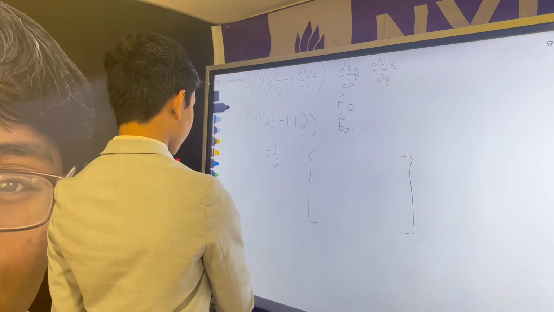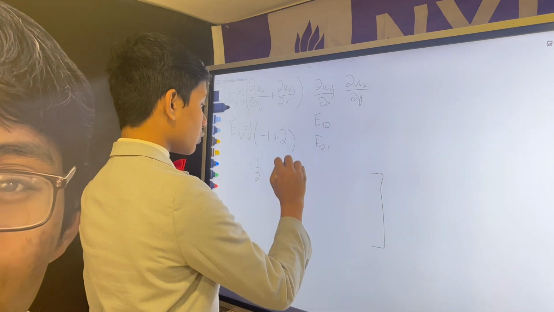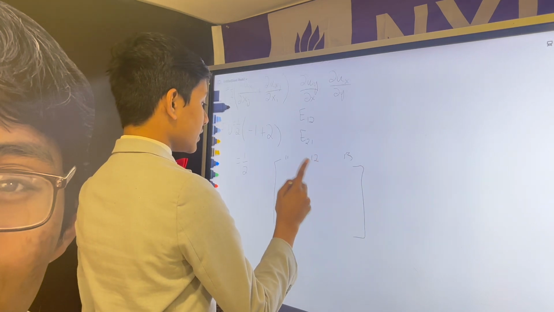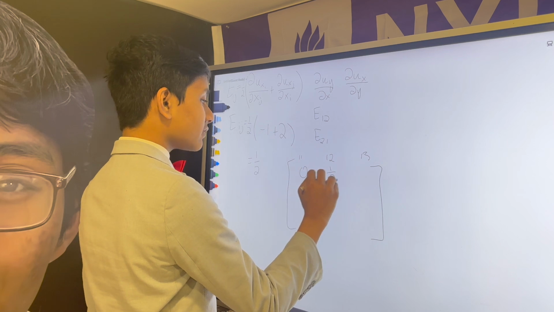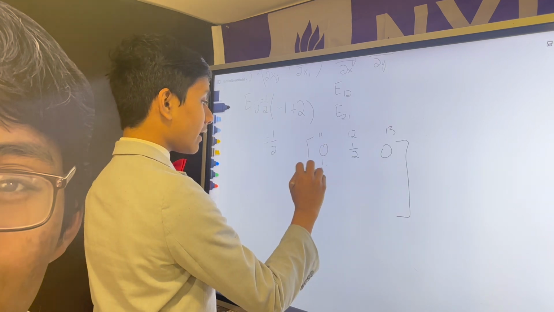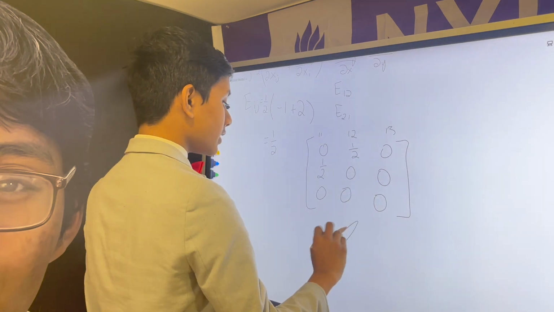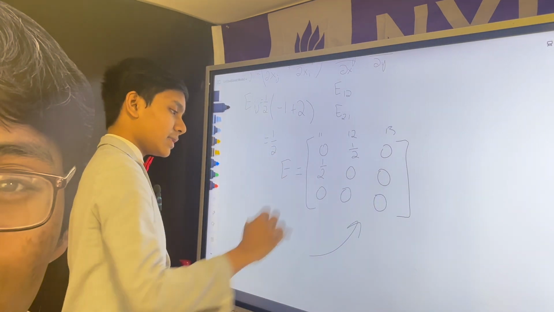Wait a second. This is 1, 1, this is 1, 2, this is 1, 3, which means this is 0, 1/2, 0, 1/2 here, 0, 0, 0, 0, 0. There we go. This is our distortion matrix.